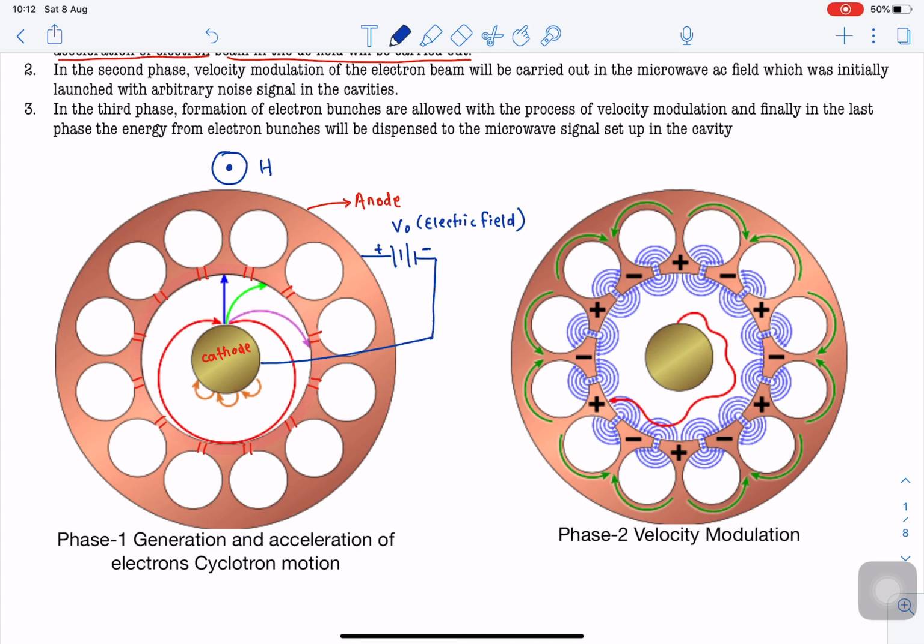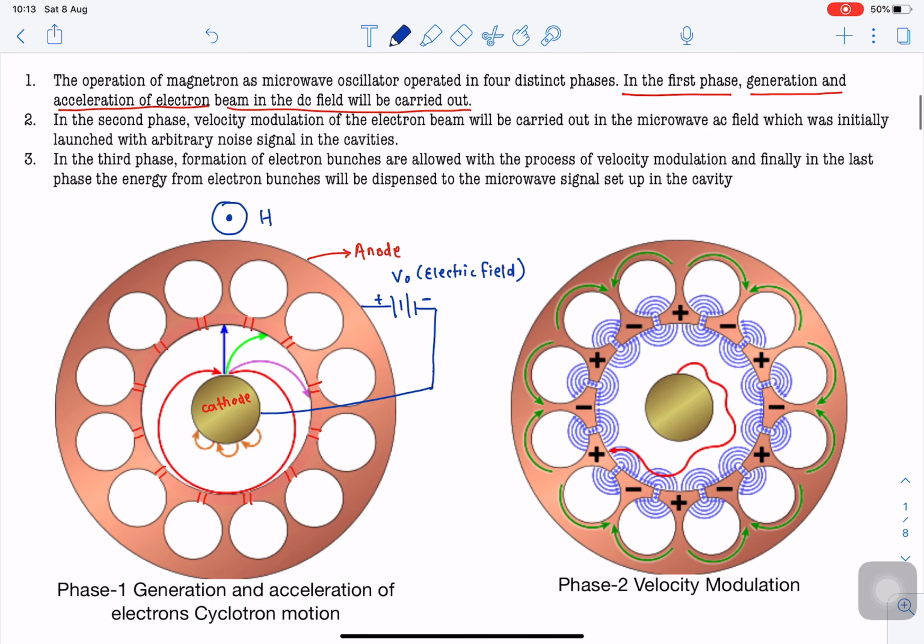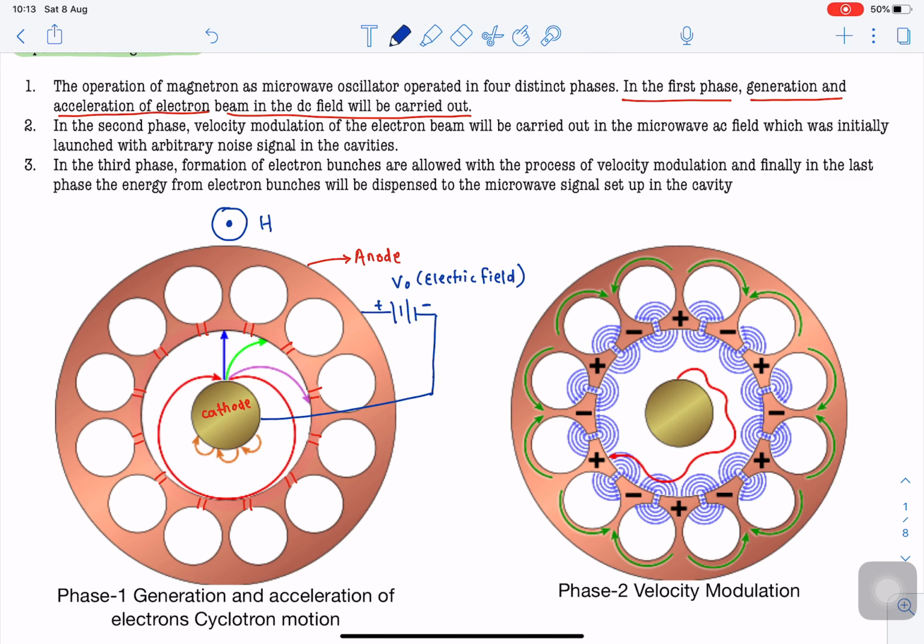So the first step is we start getting the electrons by applying the DC electric field between anode and cathode, right? Now let us see what will happen in the second phase. The presence of the electric field will generate the electron beam.